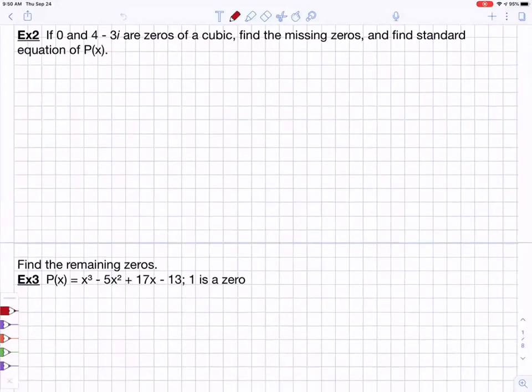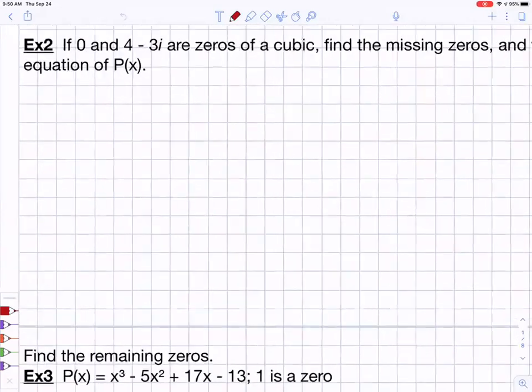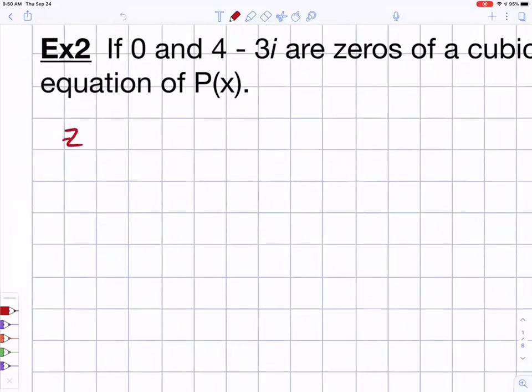If 0 and 4 minus 3i are the zeros of a cubic, let's stop right there. What does tip number 1 say on that sticky? Make a list of the zeros.